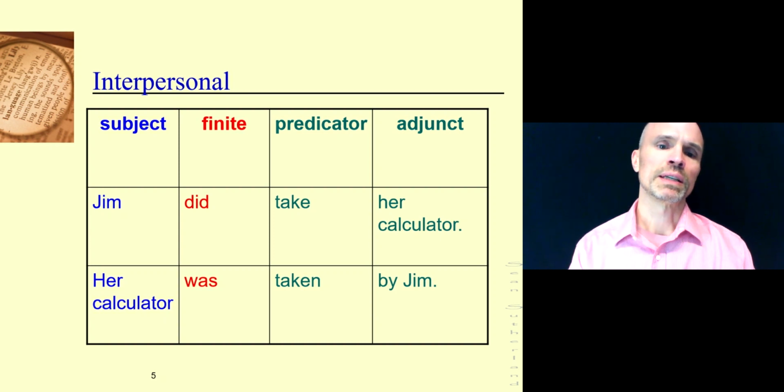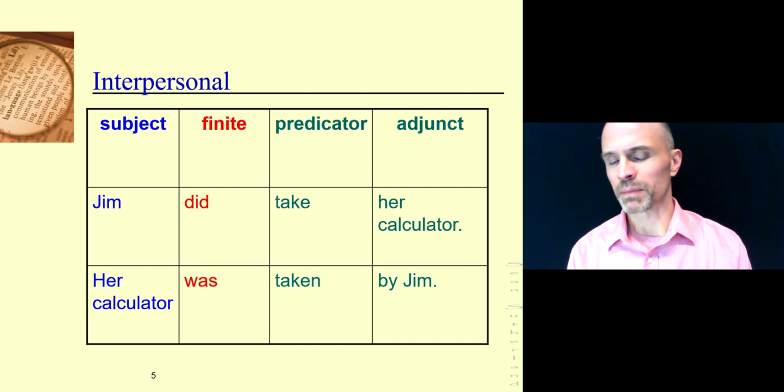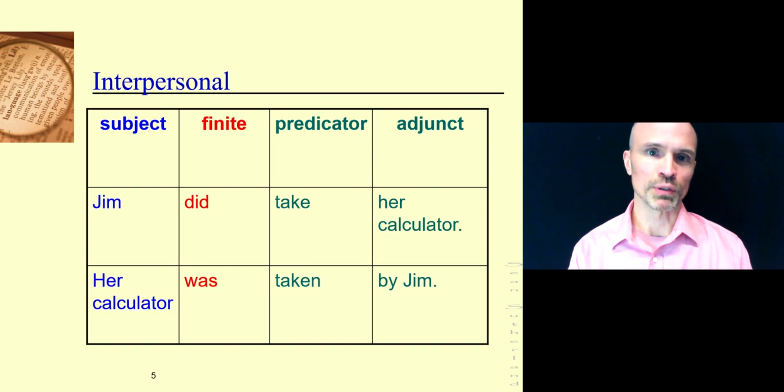Look at Jim did take her calculator. Here the verb is made up of two parts, did take. In her calculator was taken by Jim, here the verb is made up of two parts, two words, right? Was taken. All that you need to do is use the first word of the verb phrase. That's it, right?